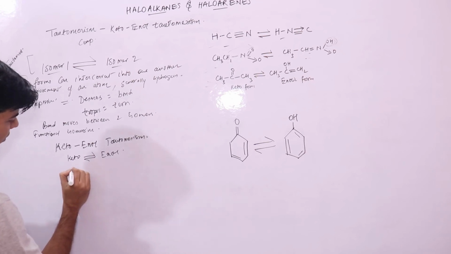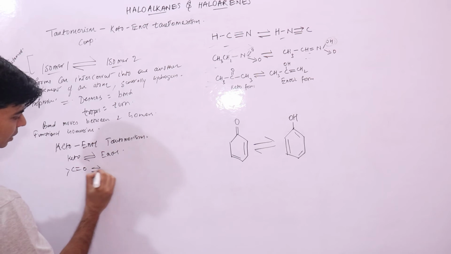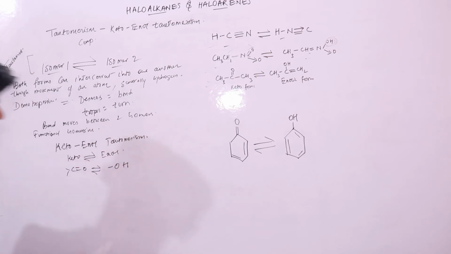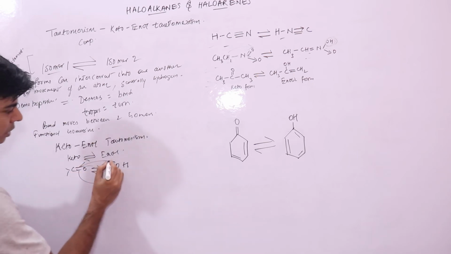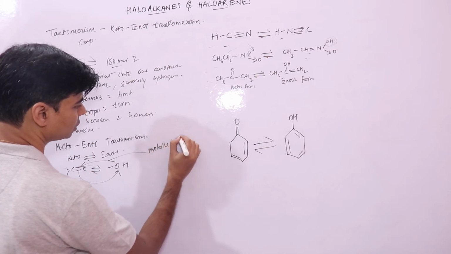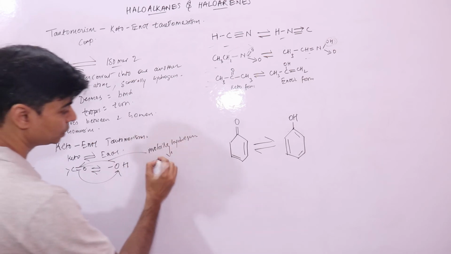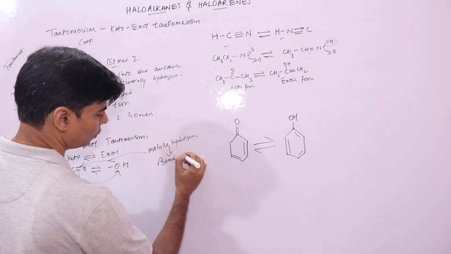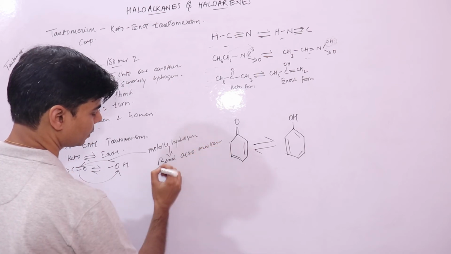Keto form represents your C=O and enol form represents your OH, right? Now this functional group changes into this and this changes into this. It's due to a mobile hydrogen, right? When this mobile hydrogen moves, a bond also moves, right?